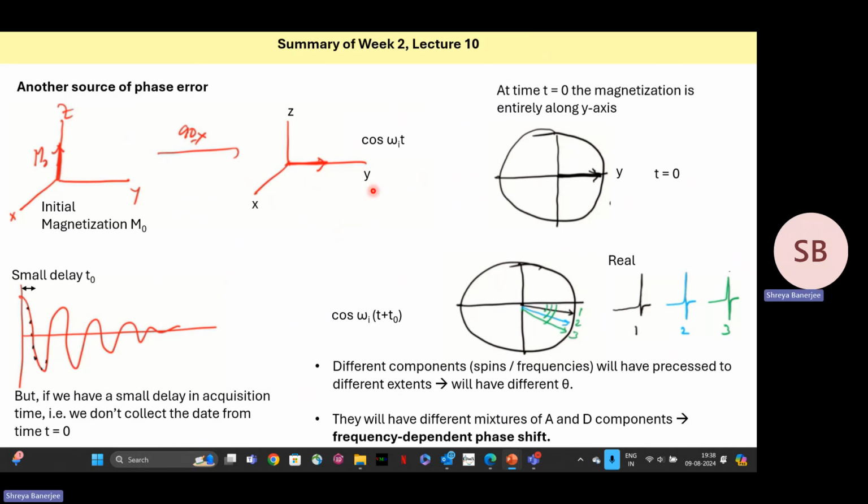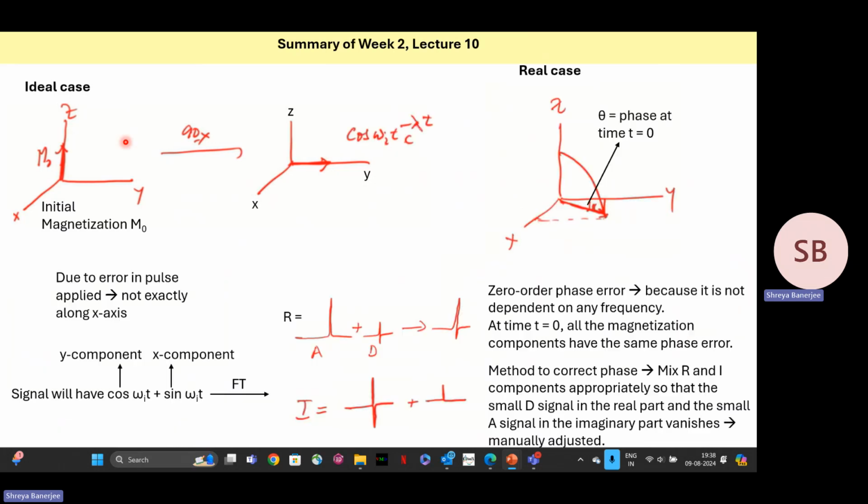Another way of phase error is, suppose you're collecting points in the FID, but instead of collecting from t0, because of some disadvantage in the machine, you have started collecting points a little later. So there are two ways in which phase error can come.